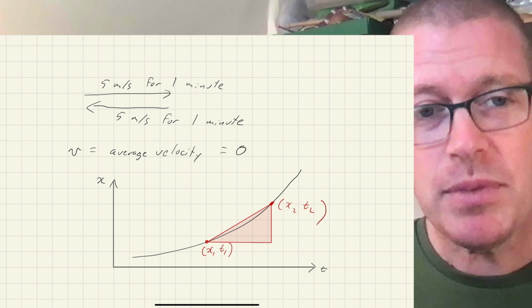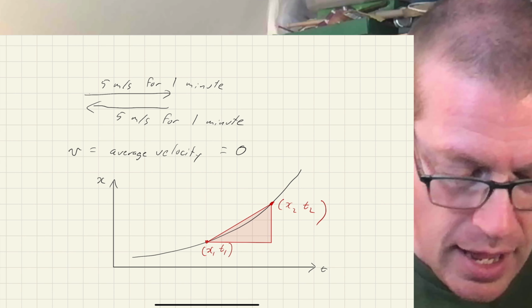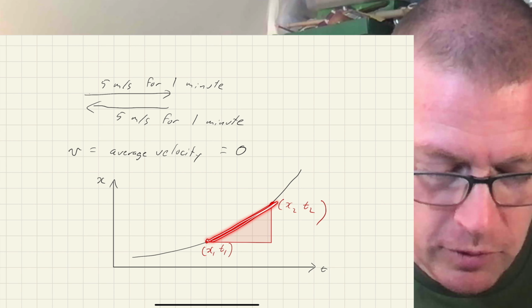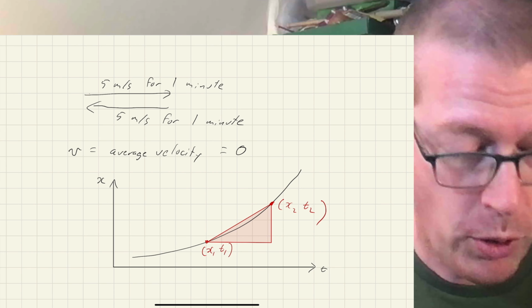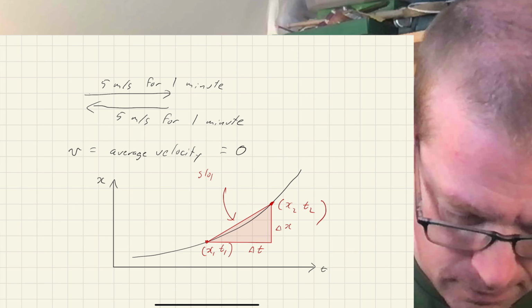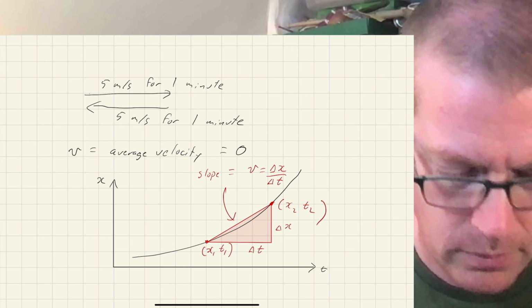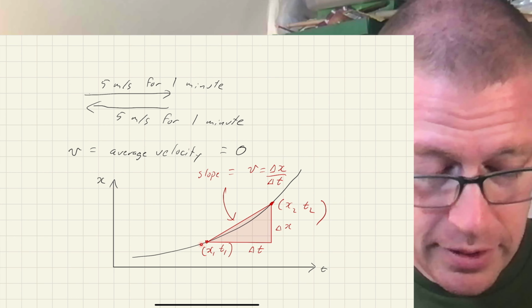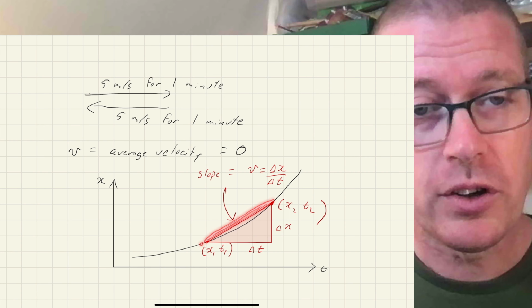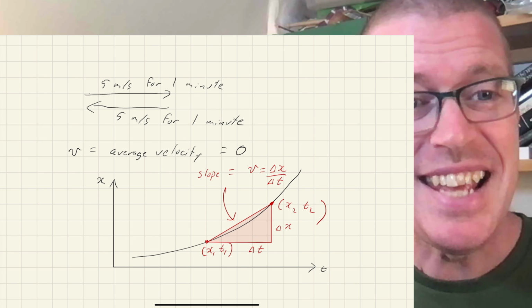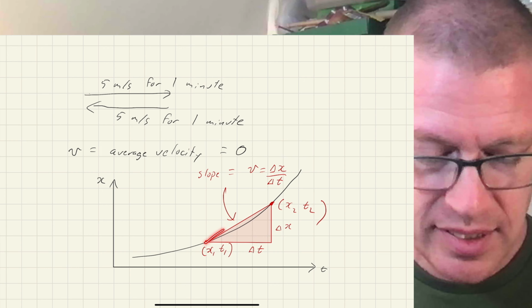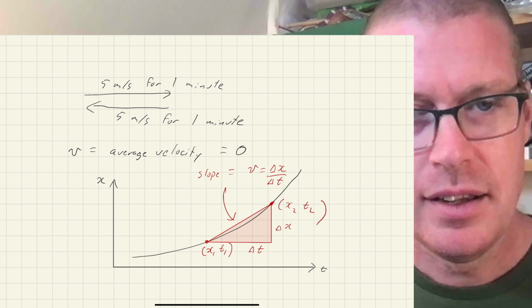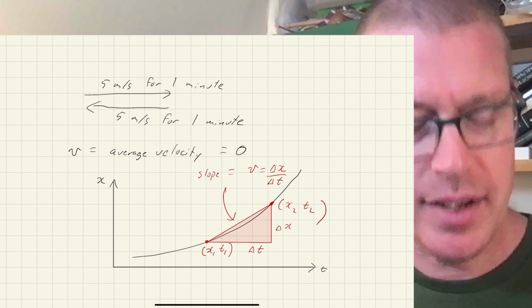Well, that's the same construction as the slope of the line that passes through those 2 points. We call this line that passes through 2 points on a curve the secant line. And so the slope of the secant line gives you the average velocity.